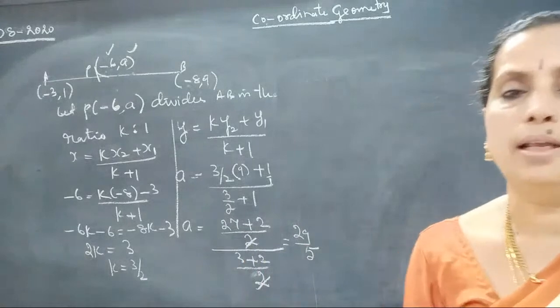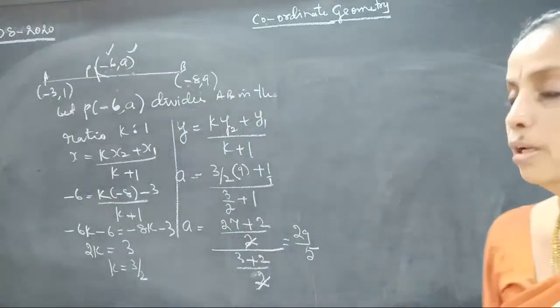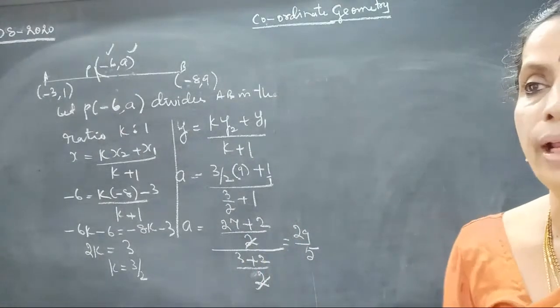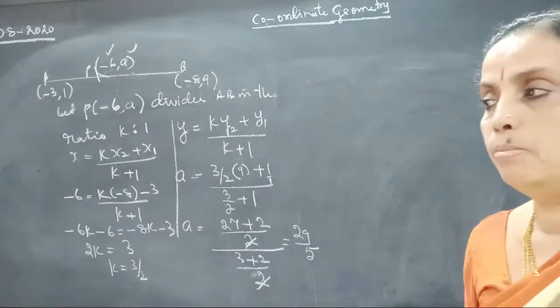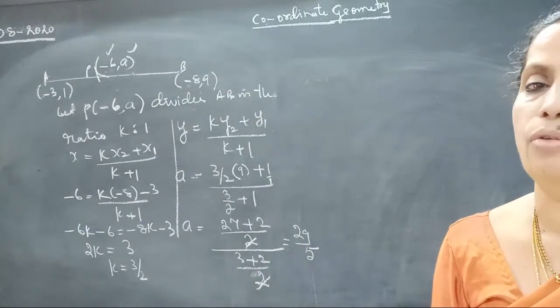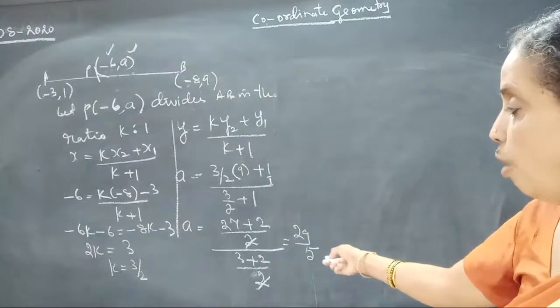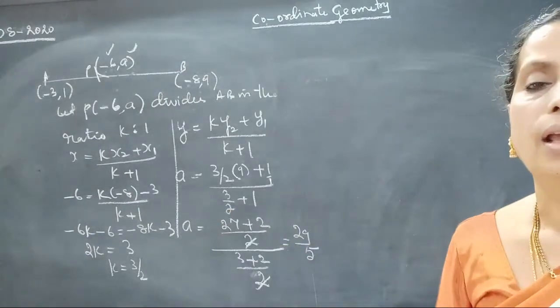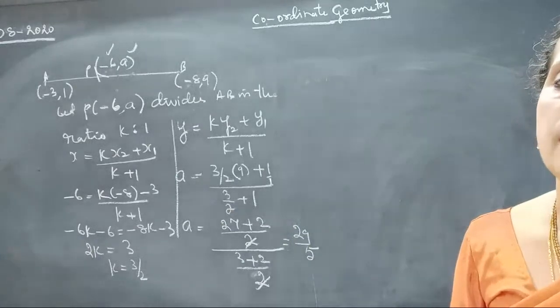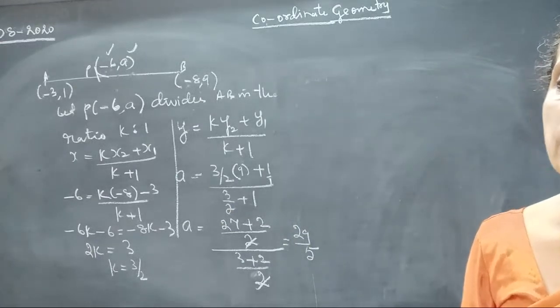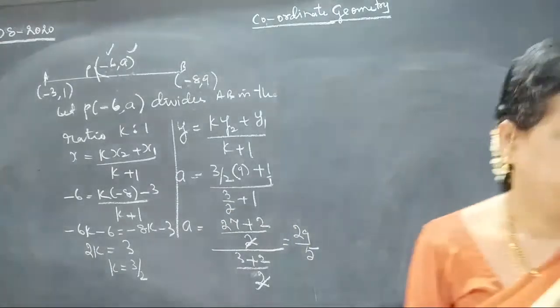It's not necessary that you always get a whole number. You may get 0, you may get a negative number, decimal number, fraction or full number. So write the value of A by substituting the K value in the condition. Okay? Just check it once.